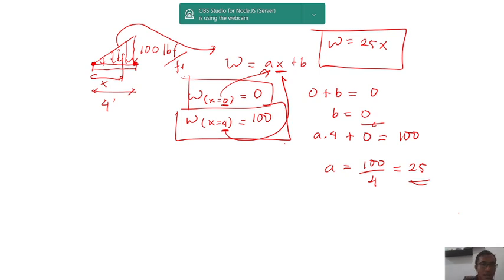Okay, so now I will redraw the free body diagram. The distance now becomes x, and this is our distributed force. And our distributed force will follow this 25x.